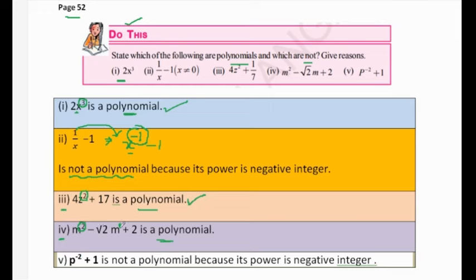Both are positive integers, therefore the given expression is a polynomial. p to the power of minus 2 plus 1 is not a polynomial. You can guess, students, because the degree or the exponent of the variable p is not a positive number. It is a negative integer. Therefore, it is not a polynomial.